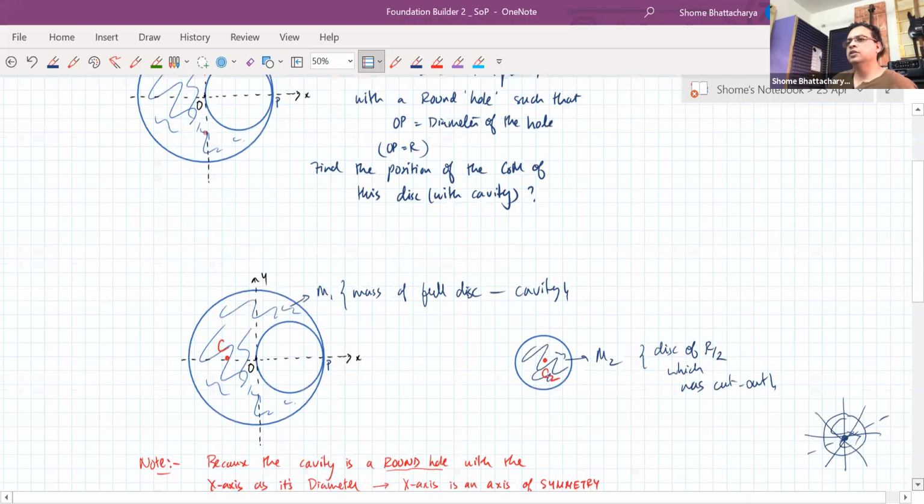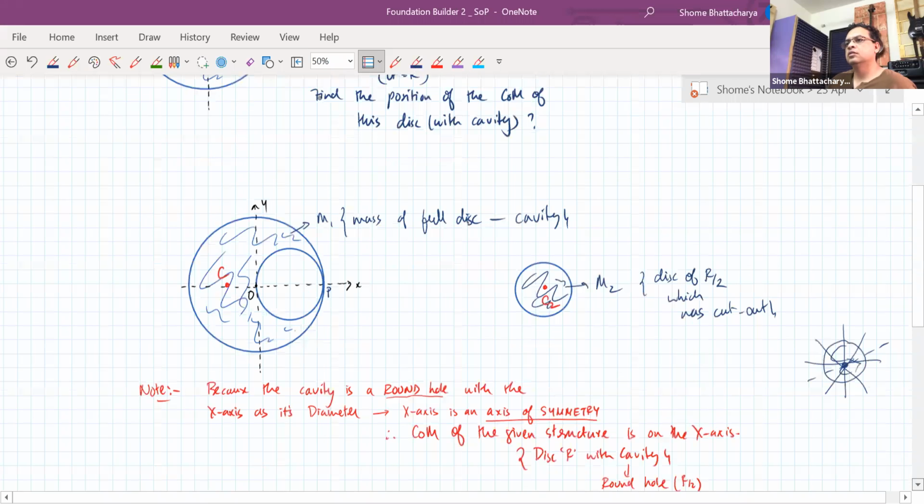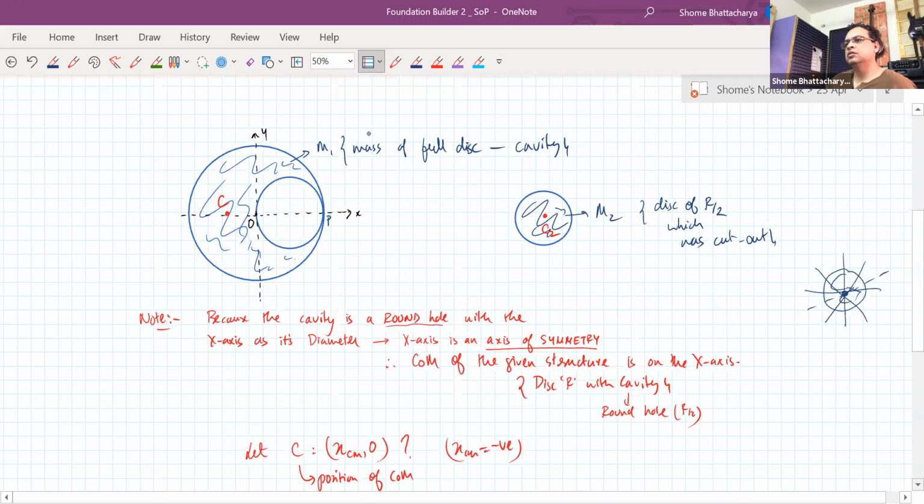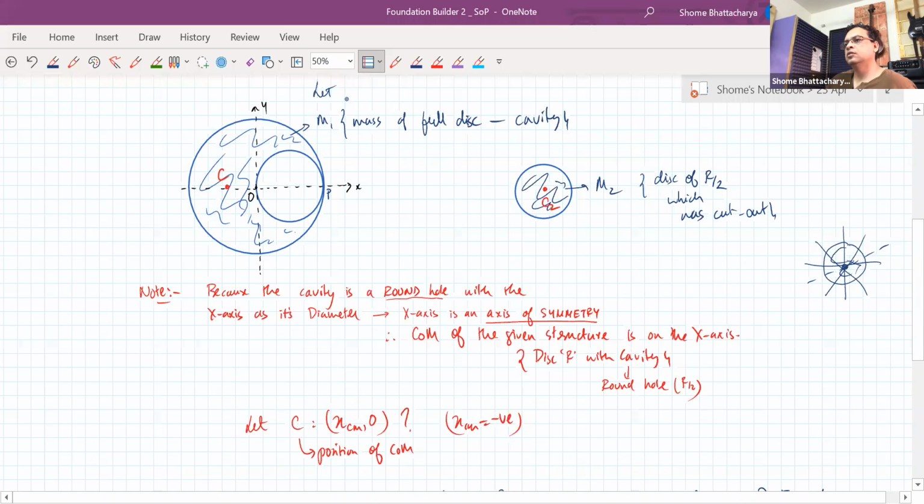Okay, so now what we are doing here is, let M1 be the mass of the disk with hole. And let M2 be the mass of the portion which was cut out, and that is nothing but a disk of radius r/2.